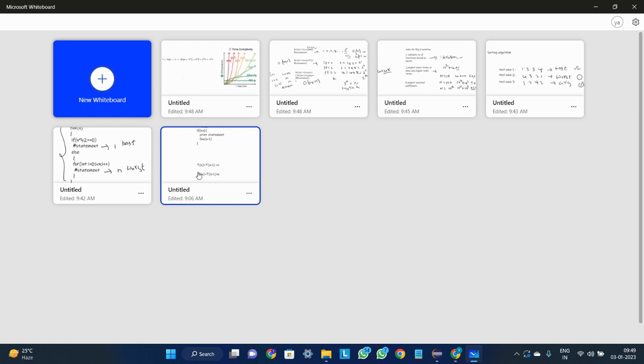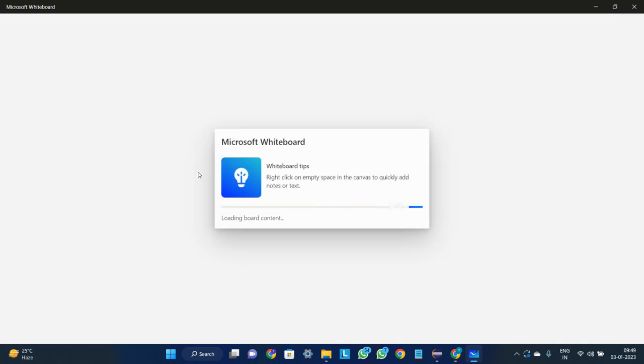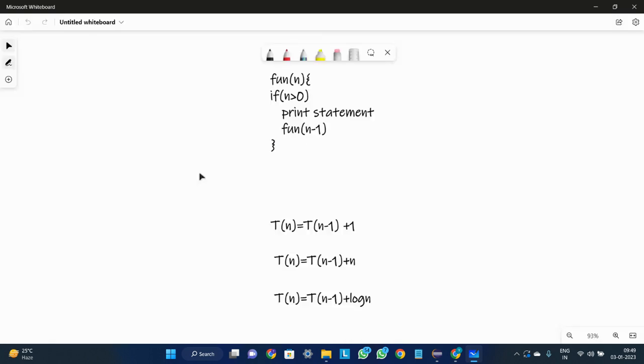Now we will look at time complexity for recursions. Recursion is very easy. For example, look at this statement in the recursion. Let's suppose this is some T of n, the statement runs one time, and the function calls itself again, so it is T of n minus 1. So T of n is equal to T of n minus 1 plus 1.